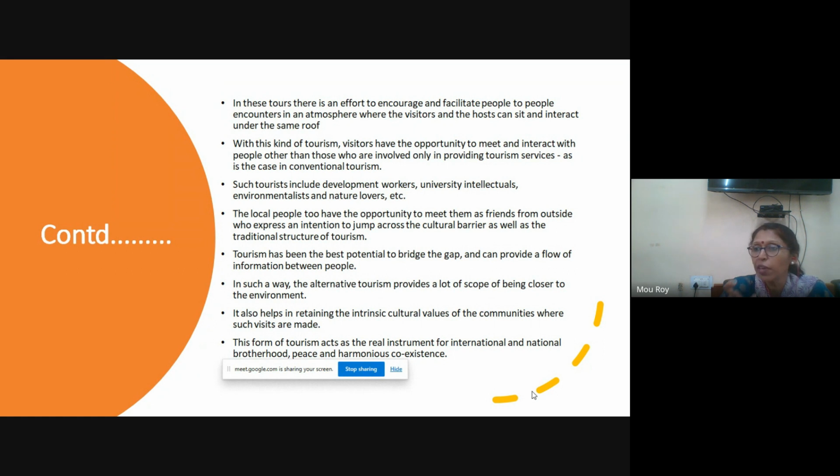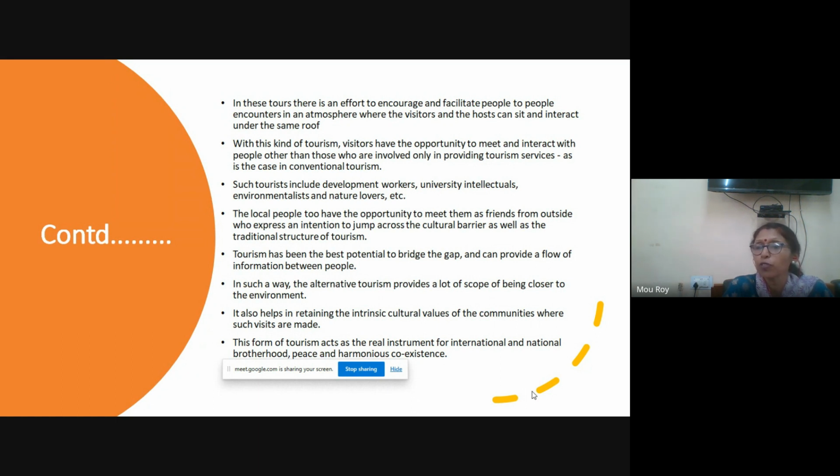So this is the main tagline, rather I should say, that alternative tourism or ecotourism provides a lot of scope for coming closer to the environment, and it also helps in retaining the intrinsic cultural values of the communities where such visits are being made.